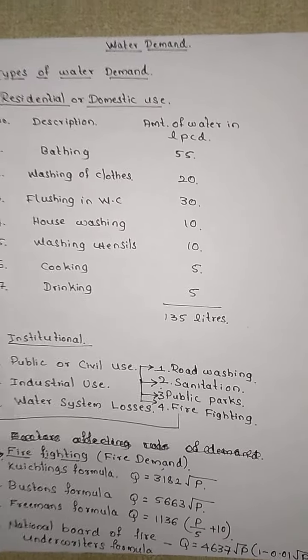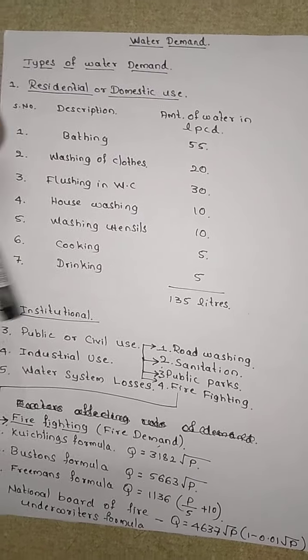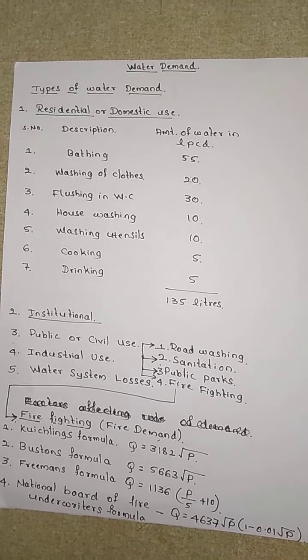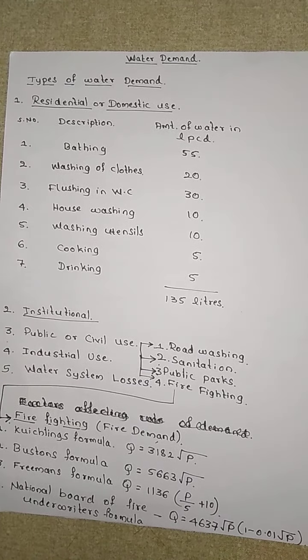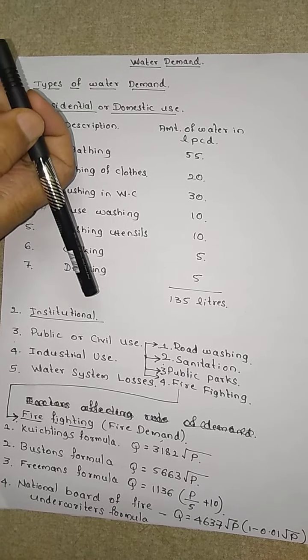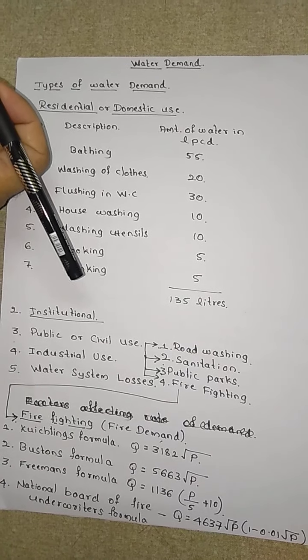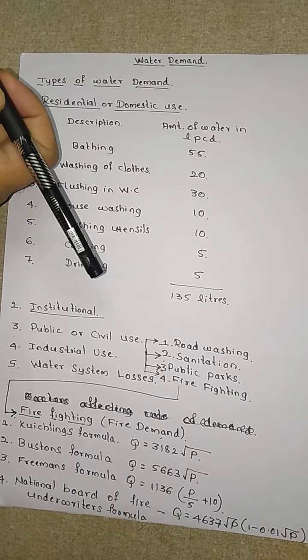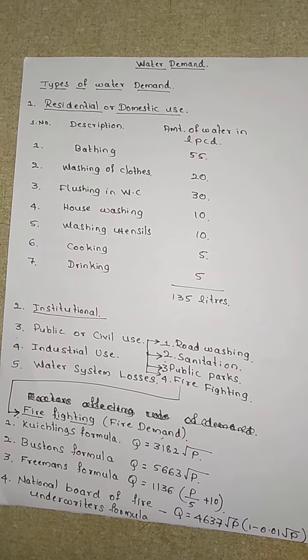Here we are going to have different categories. I have already told you in the theory classes how much water we require for different types of institutes. Since the table is very long, I'll just mention the names along with the water requirement.